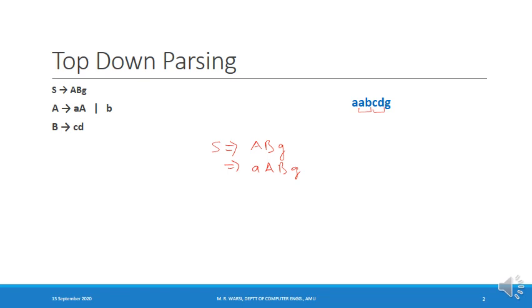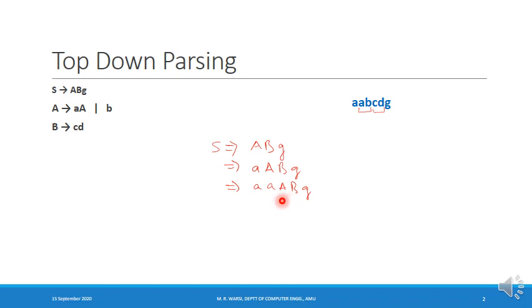Now let us carry out one more step of the derivation, and I expand the capital A, this is the leftmost variable, and I obtain this sentential form. Now I can analyze this string with respect to this sentential form.